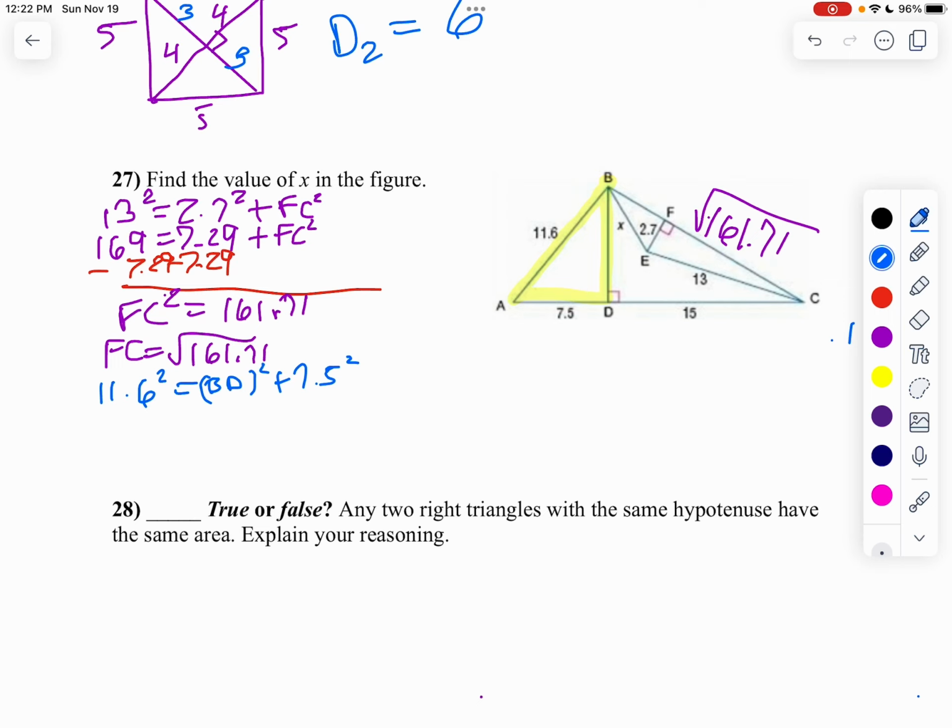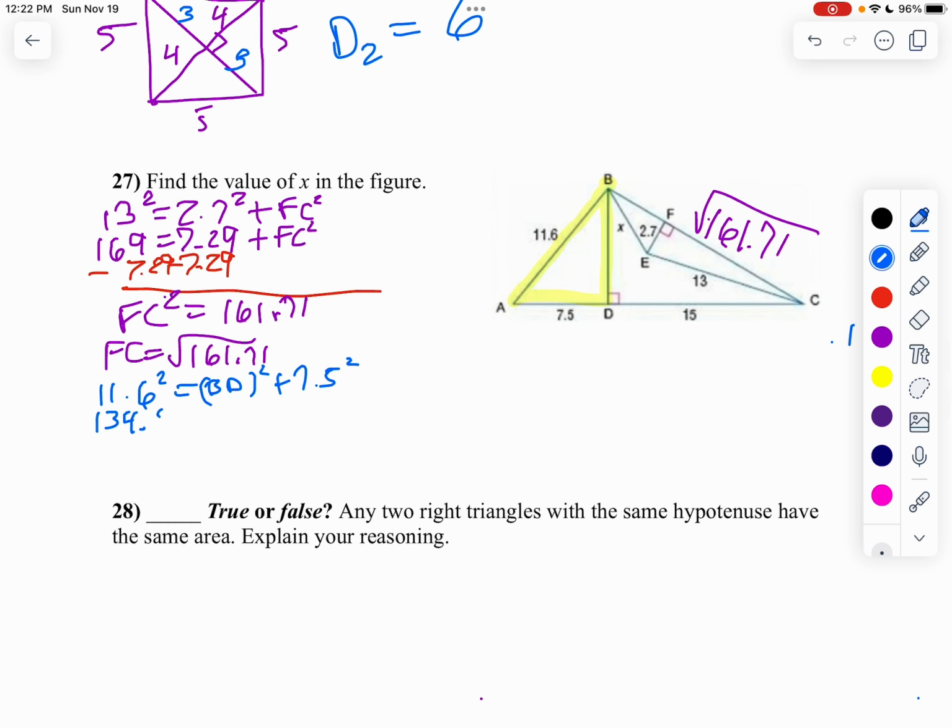So 11.6 squared is 134.56, which equals BD squared plus 7.5 squared, which is 56.25.